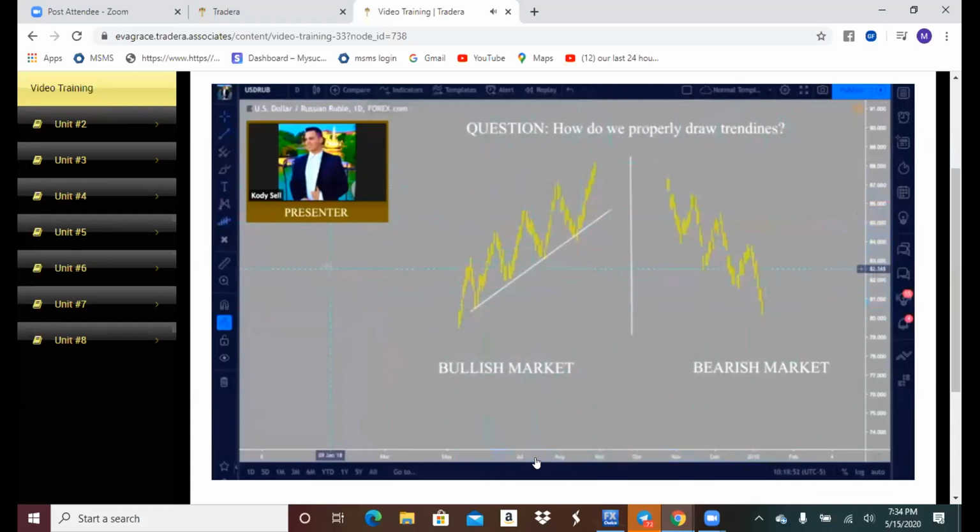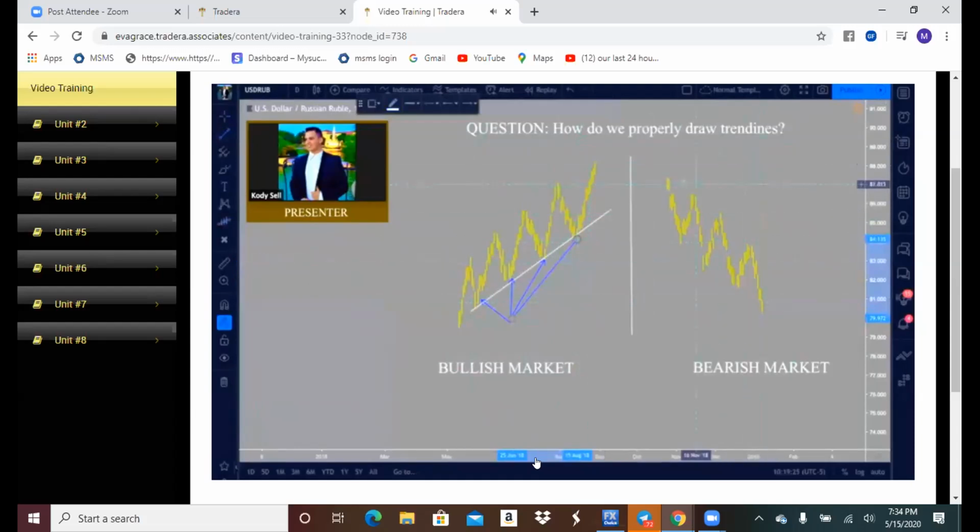You're going to be connecting the valleys in the market, the lows of the market, the points where the market finds support and bounces from the bottom. Those are the connections you want to look for in a rising market. Your trend line will be beneath the price, and we'll explain why in just a moment.